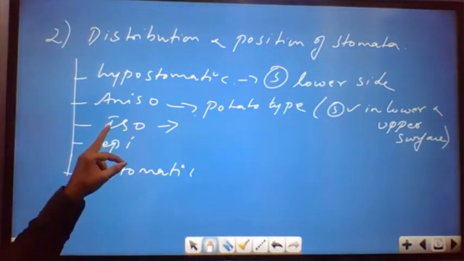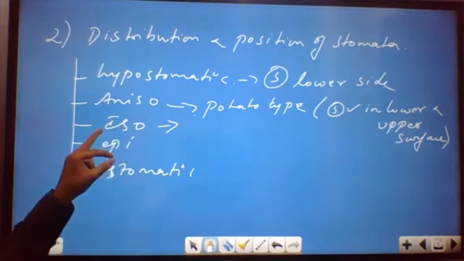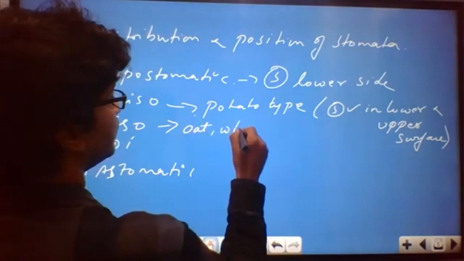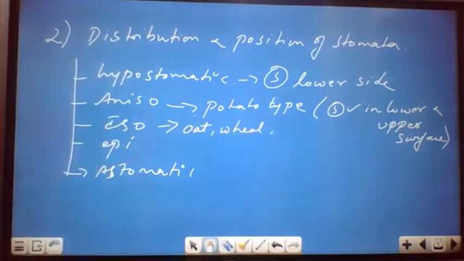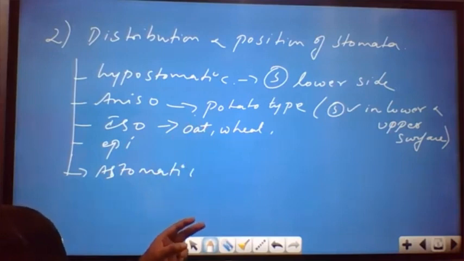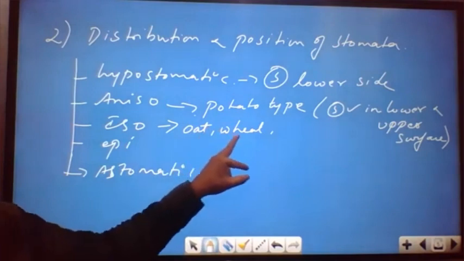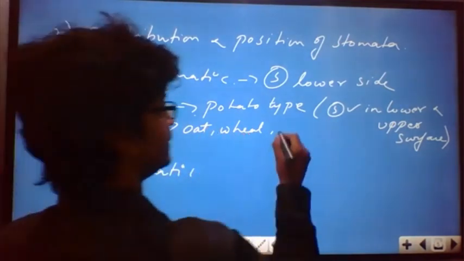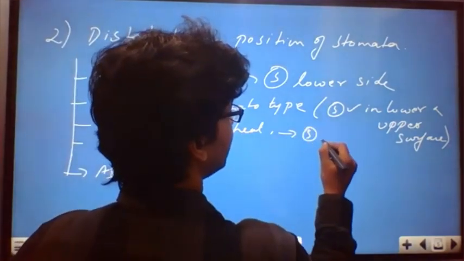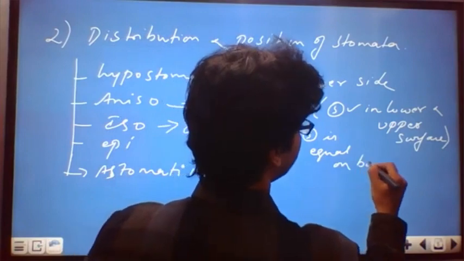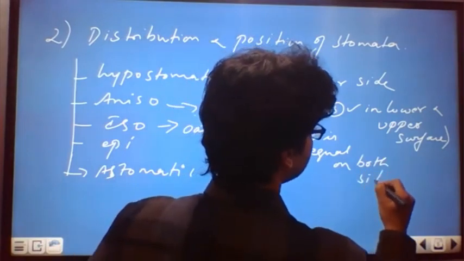Coming to isostomatic, this is the oat type, mostly seen in oat and wheat, where the stomata are equal on both sides, the upper and the lower side.